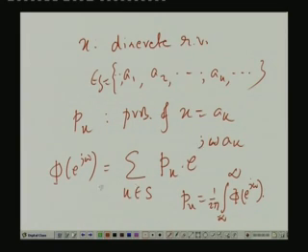So, I will call it DTFT of the sequence p k, but at frequency minus omega. So, inverse DTFT, that means phi e to the power minus j omega is the DTFT of p k. So, p k is nothing but inverse DTFT of phi e to the power minus j omega.